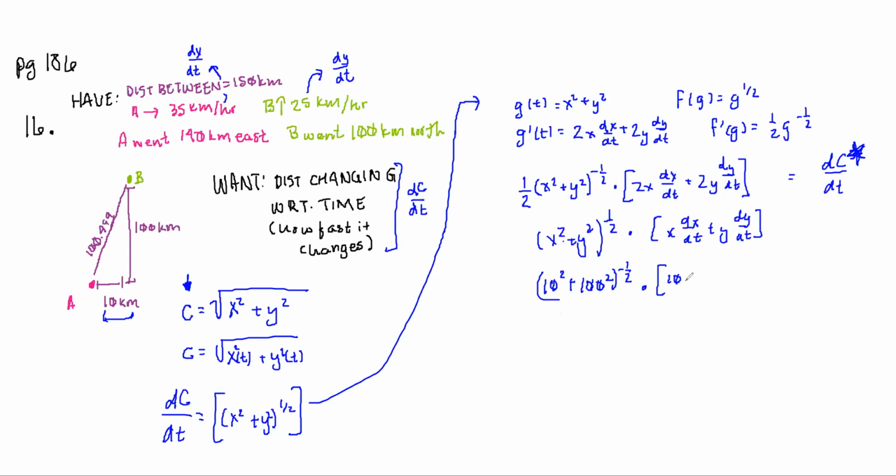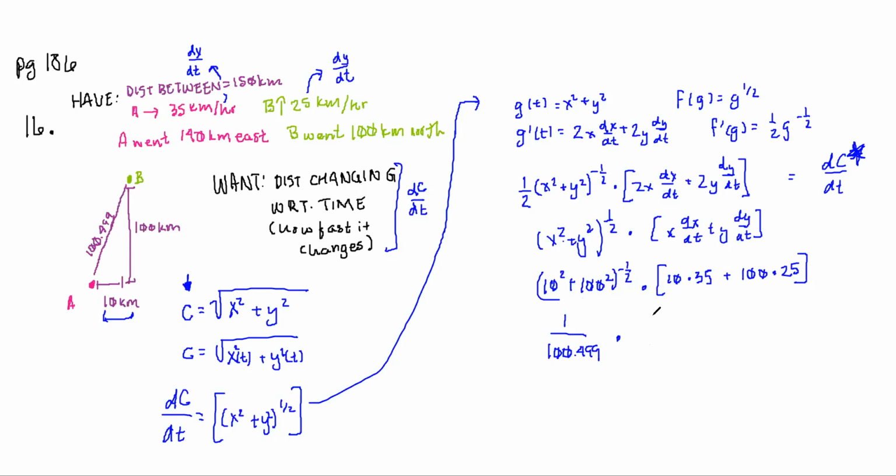And then we just picked out dx/dt and dy/dt. dx/dt is going to be 35 kilometers per hour. And dy/dt is going to be 25 kilometers per hour. So we know that this is 1 over 100.499.